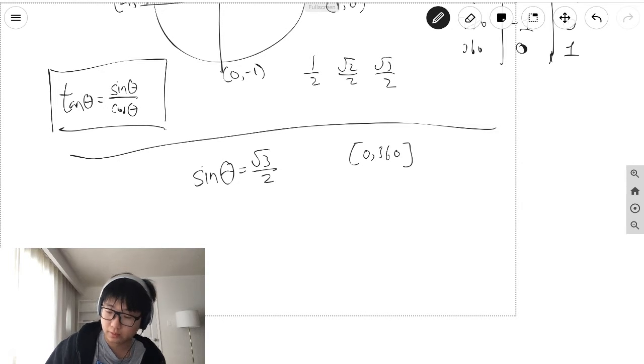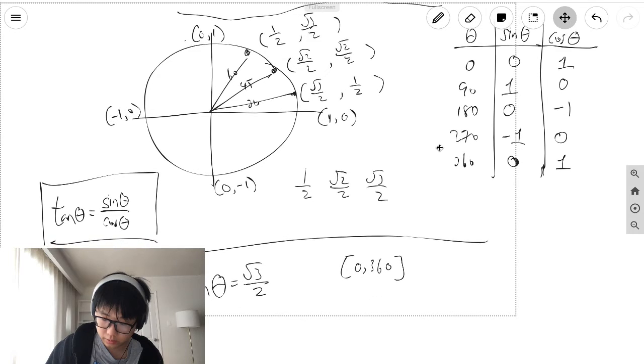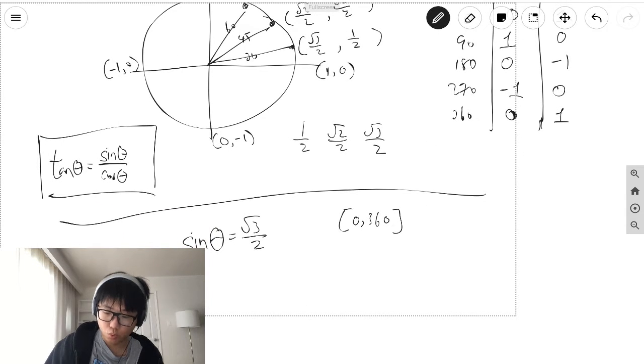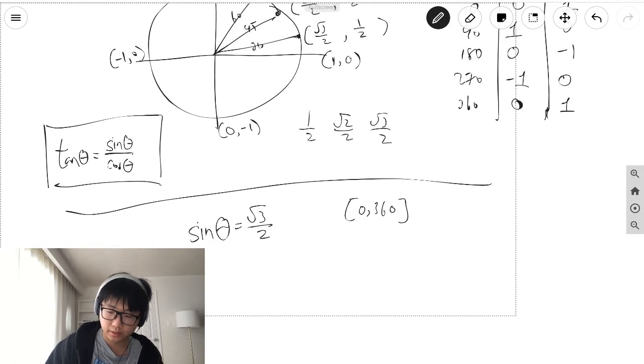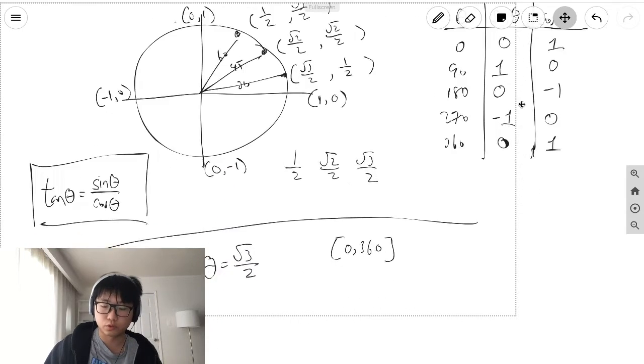So you know right away it's 30, actually, no, it's not 30. It is 60, because the sine of 60 is root 3 over 2.